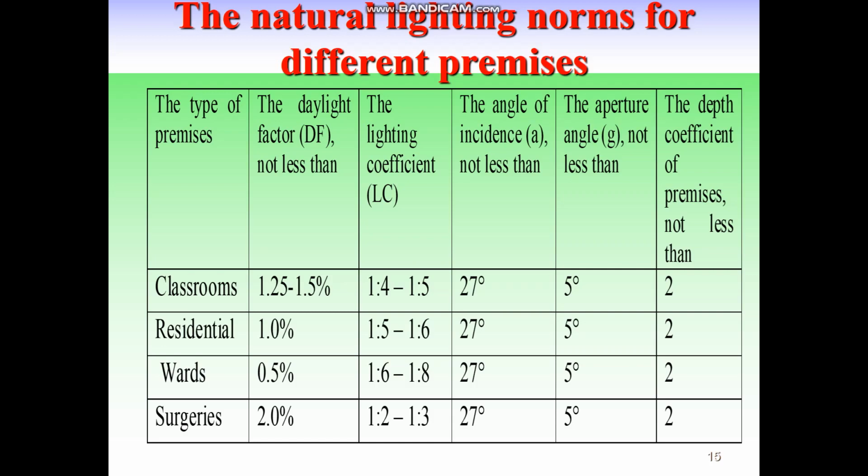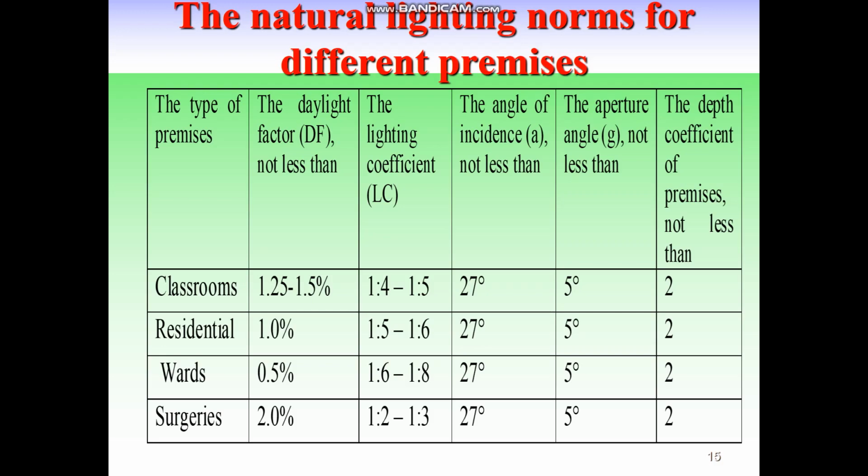For evaluation of natural lighting in premises, parameters such as the factor of natural lighting or coefficient of natural lighting, the light factor, the angle of light falling, and the angle of light aperture are determined.